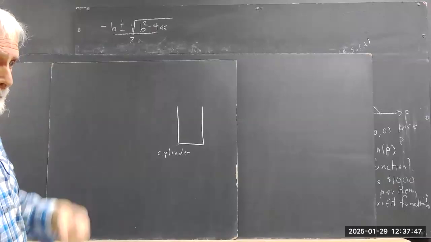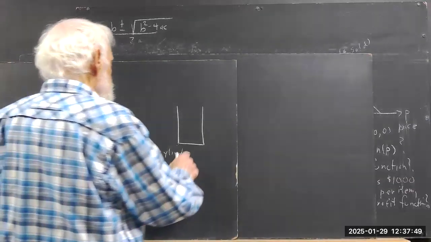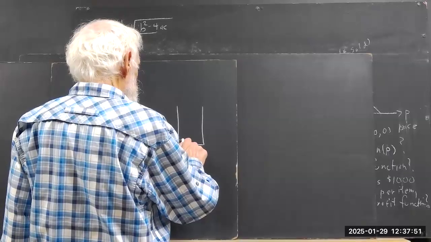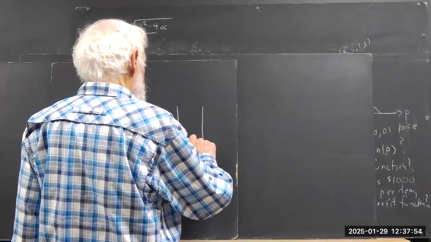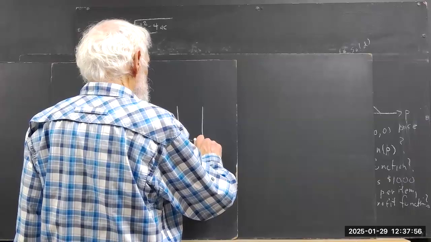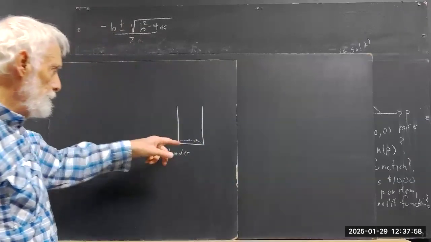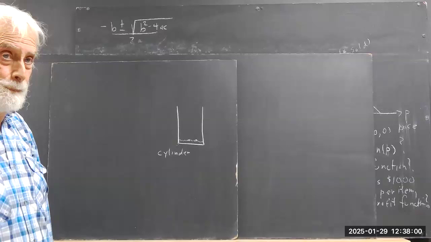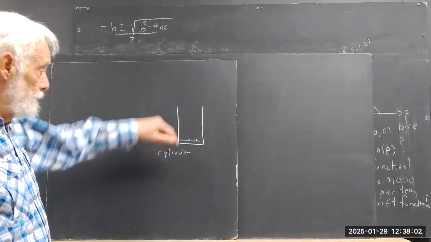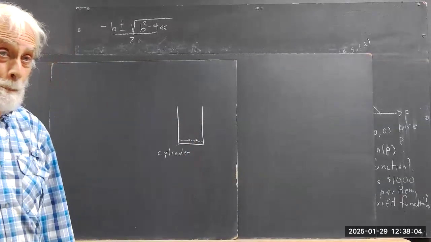I've got a cylinder. And I've got a little bit of water in the bottom of the cylinder. You can tell it's water because you see the shark fins. Okay.